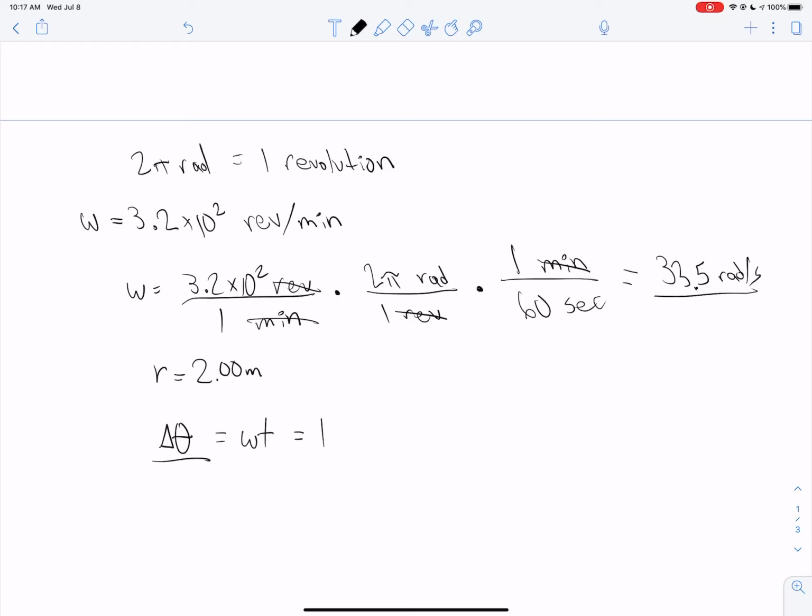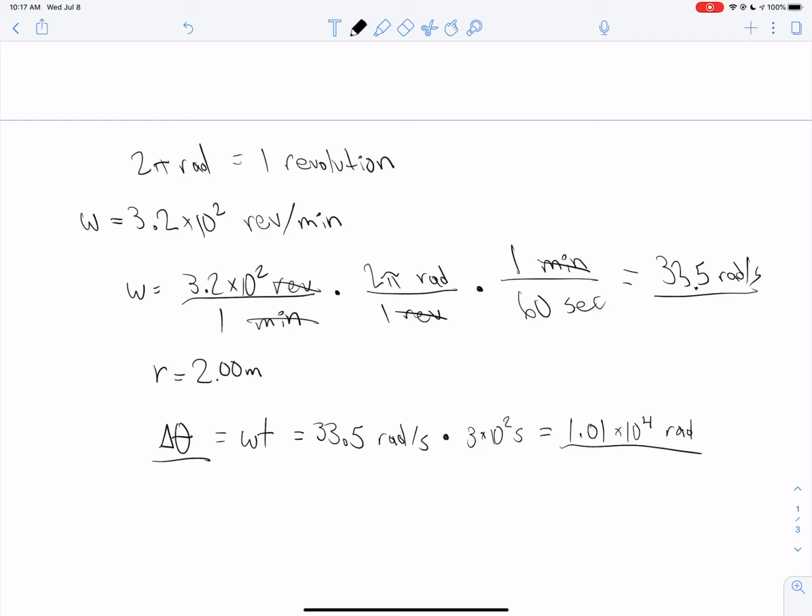Let me be thorough. 33.5 radians per second times 3 times 10 to the second seconds is going to be equal to 1.01 times 10 to the 4 radians. So that's how much it travels in 300 seconds.